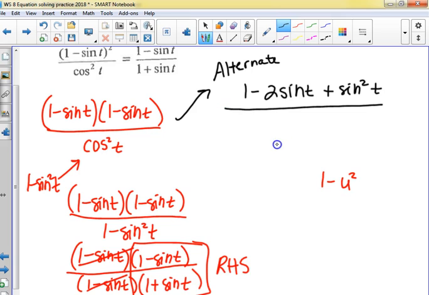Okay. Then what might you have tried? What? Sub for the bottom or the top? So sub this as 1 minus sine squared.